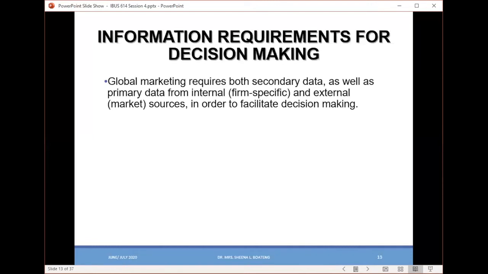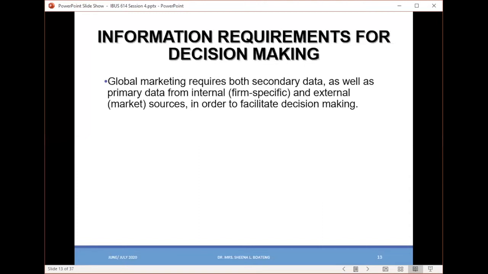So based on that, we are saying that global marketing requires both secondary data as well as primary data. Now, this secondary or primary data can either originate internally from within the firm or externally from the market, like we have said earlier, from the micro or macro environment. And all these come together to facilitate decision making.